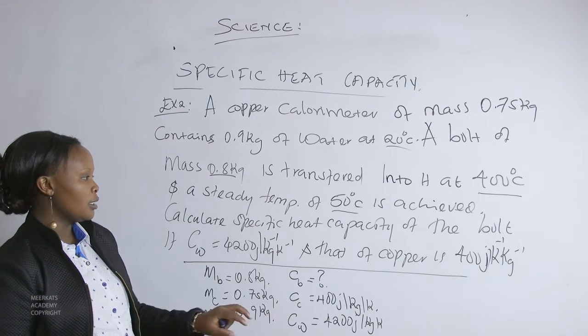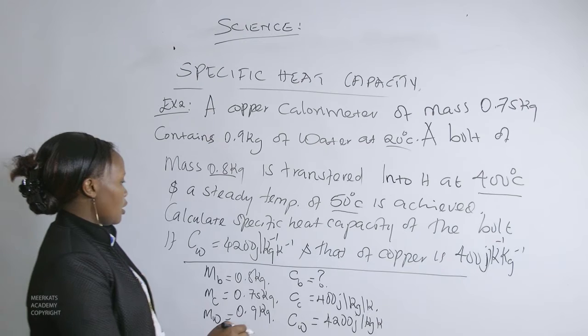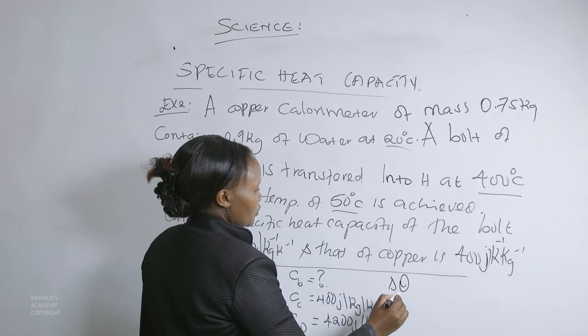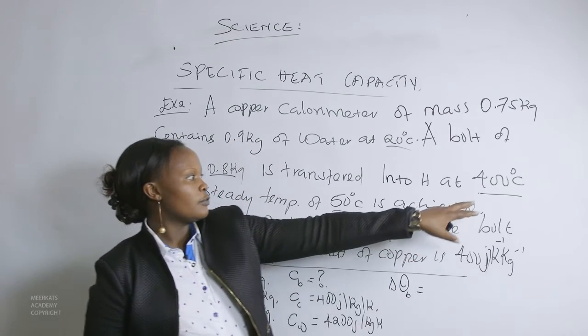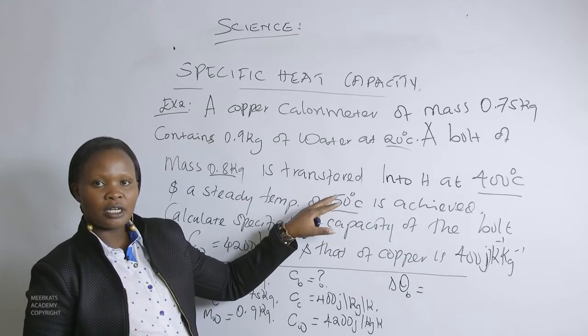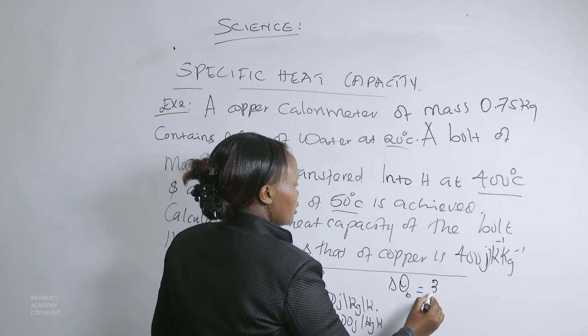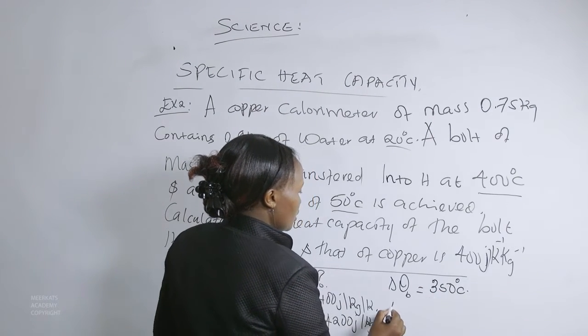Now again, we also have the temperature changes. That of the bolt will be 400. We subtract the final of 50, which will give us 350 degrees centigrade.